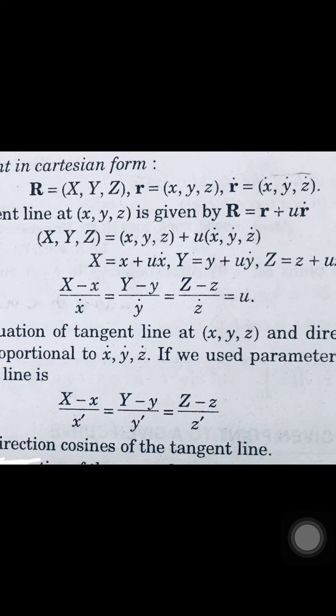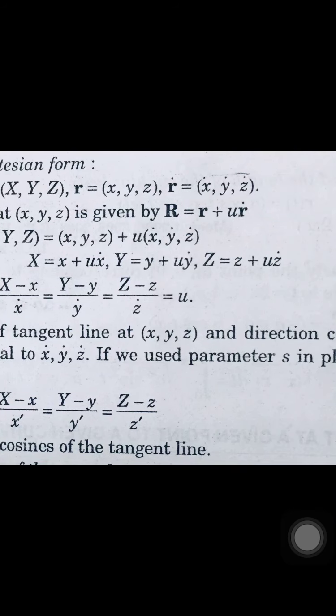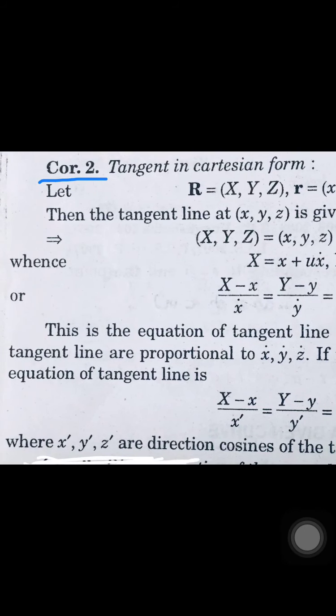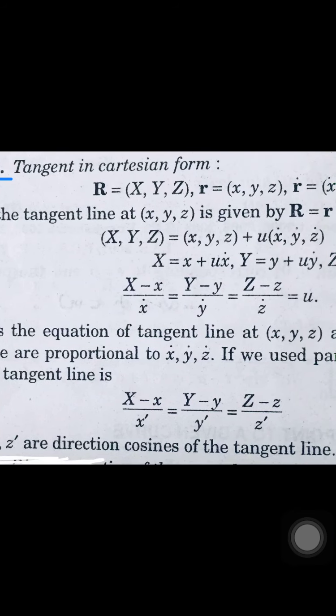Here we are using dash notation because we use parameter s in place of t, so we get the equation of the tangent line. So this is the form of the tangent line in Cartesian form.